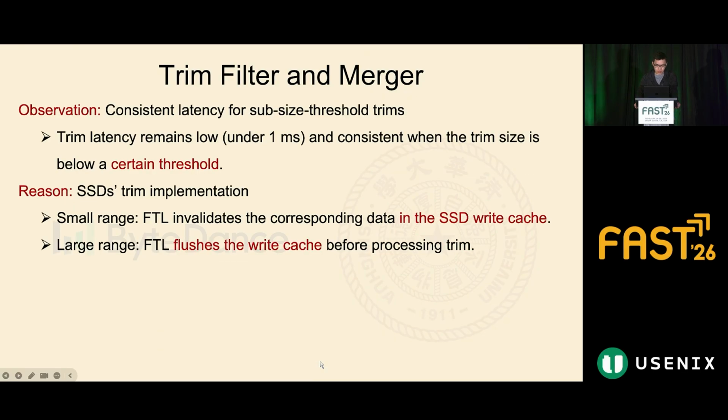We observed consistent latency for subsize threshold trims, which means trim latency remains lower and consistent when the trim size is below a certain threshold. So in order to optimize trim efficiency, we adjust the trim size to approach the threshold.